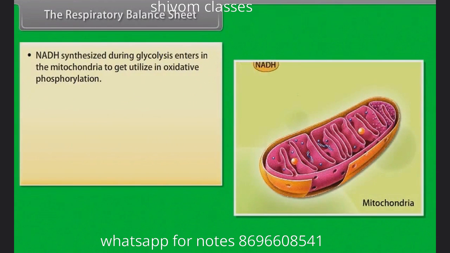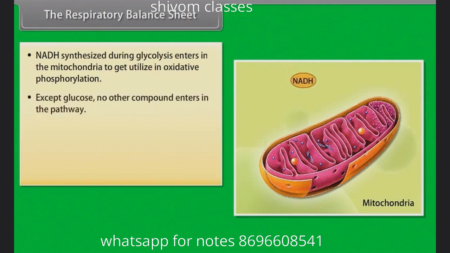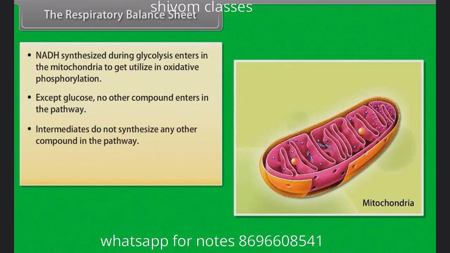NADH synthesized during glycolysis enters the mitochondria to get utilized in oxidative phosphorylation. Except glucose, no other compound enters the pathway. Intermediates do not synthesize any other compound in the pathway.